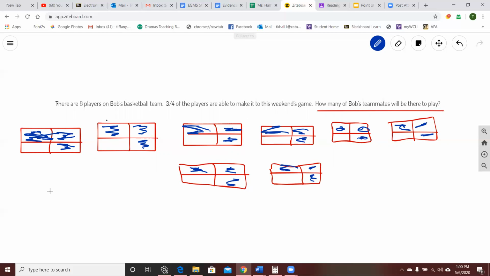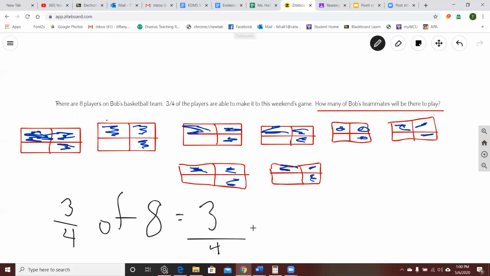Okay, so now we're going to count. Well, let's set up our problem first before we count. I'm basically trying to figure out 3/4 of 8, which means 3/4 times 8.